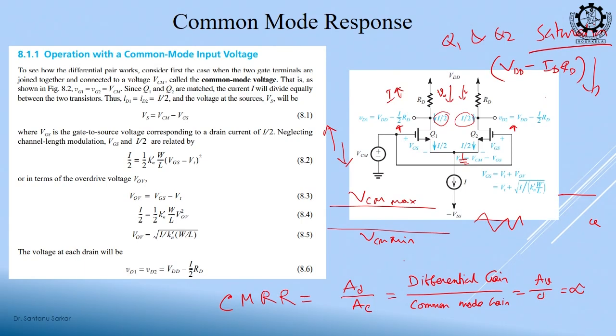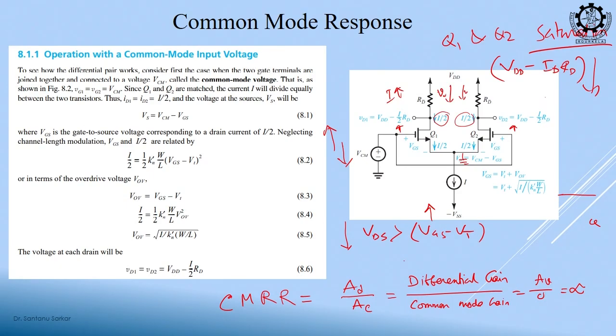What is the condition for saturation? VDS should be greater than VGS minus VT. Now, VDS is falling, VGS is increasing. So, there is more chance that it will leave the saturation region. Okay. So, I have a limit on the common mode voltage.